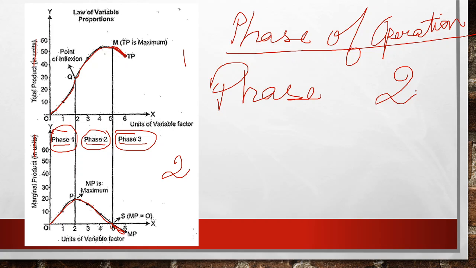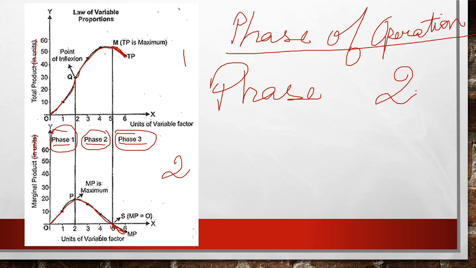So you will continue to produce, employing more and more input of the variable factor. It means there is scope for more profit. If production is increased with more units of variable factor, you will get more profit. So you will never stop producing in phase 1.